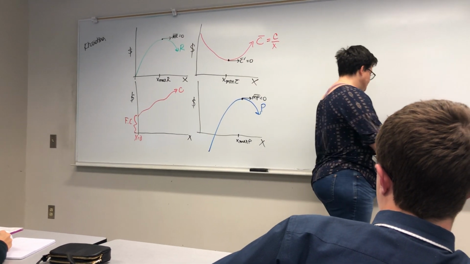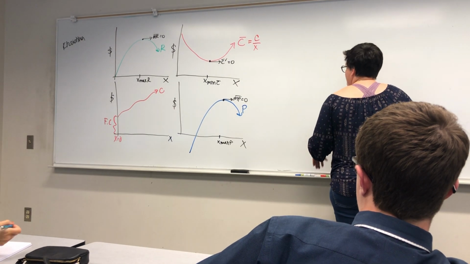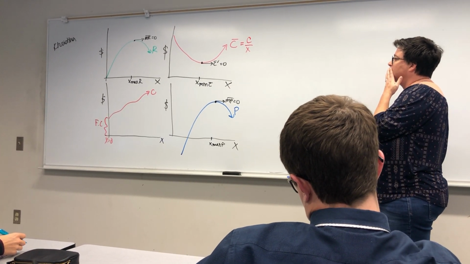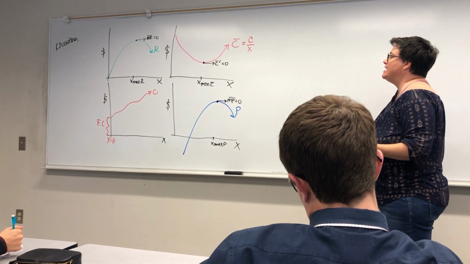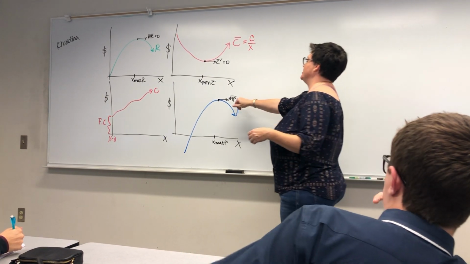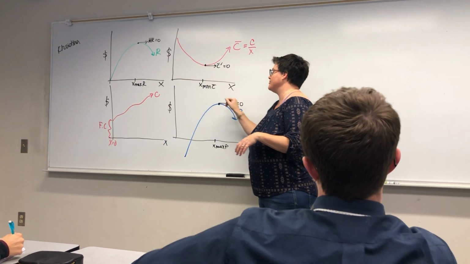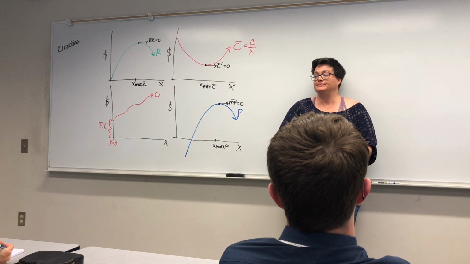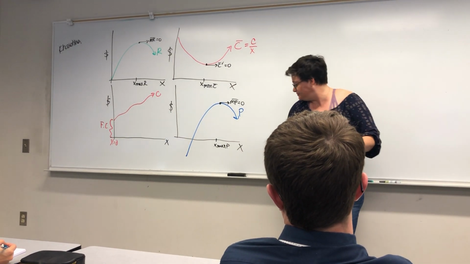So, what if you don't like factoring? What if you take the derivative of whatever it is and you set it equal to 0 and you just look at it and go, I don't know what I'm doing? What can you do then?